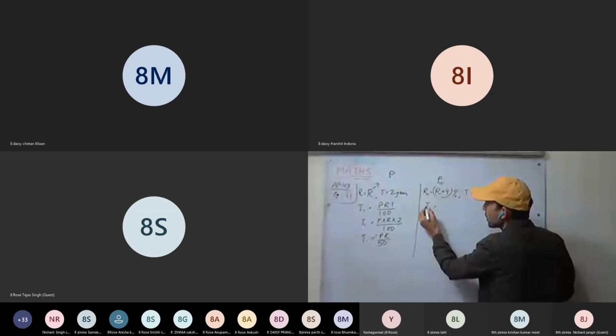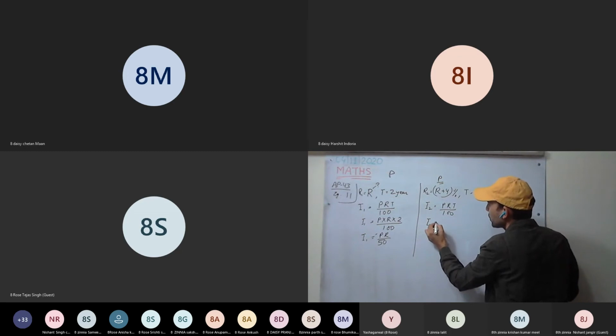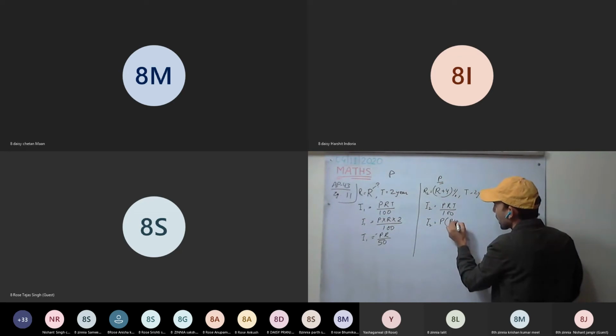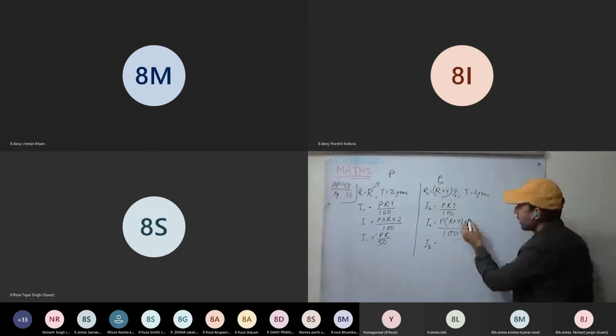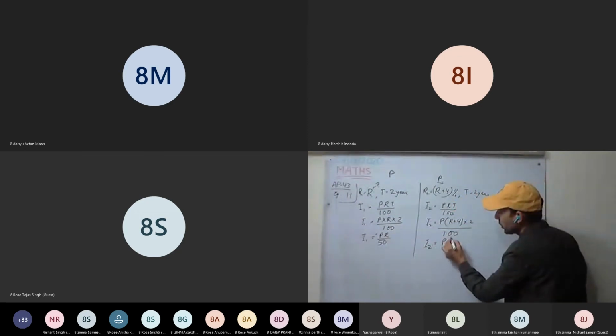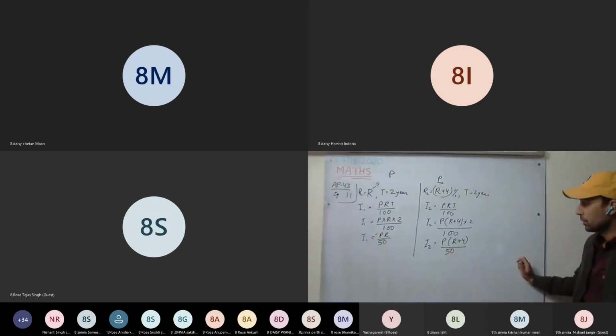Now this I2, simple interest, is how much? P R T upon 100. Put the values: P into R plus 4 into 2 upon 100. 2 we can cancel, so P into R plus 4 divided by 50. This is clear?